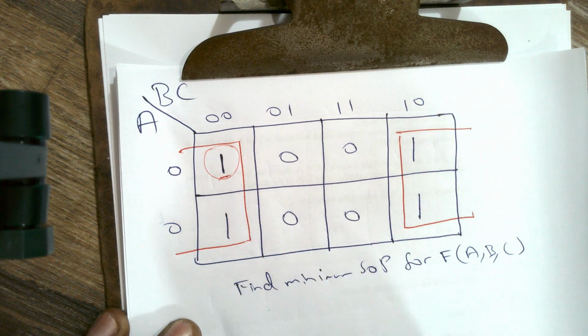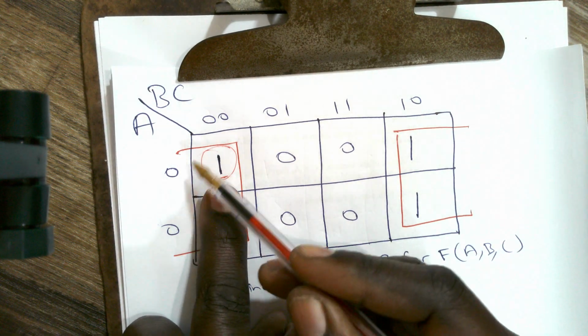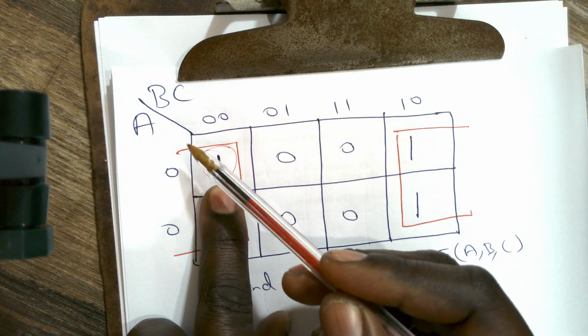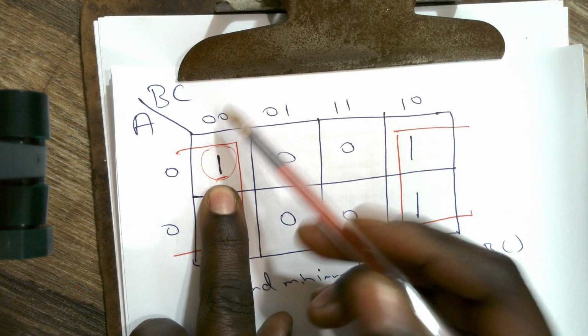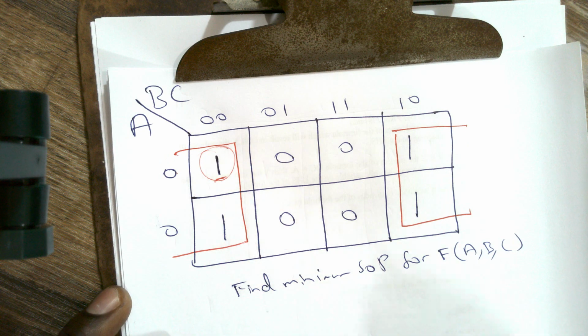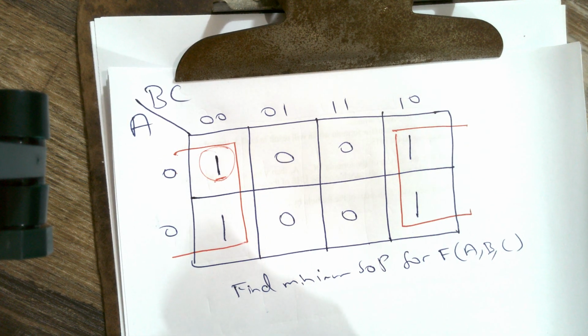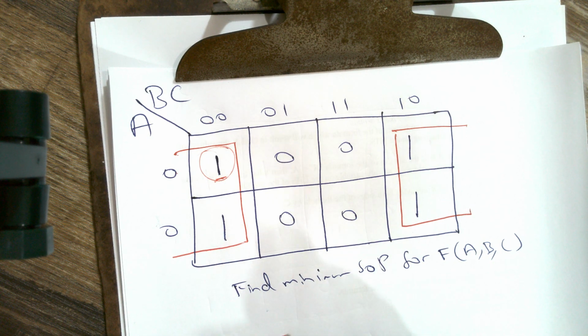So let's begin with this one here. If we look at it, A is equal to 0, B is equal to 0, C is equal to 0. Whenever we have a variable, let's say for instance x equals 1, we denote that by x.